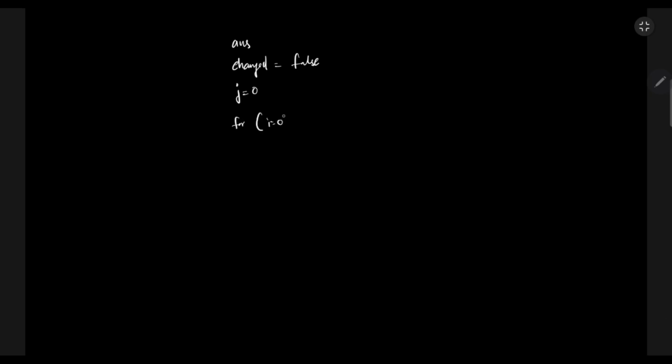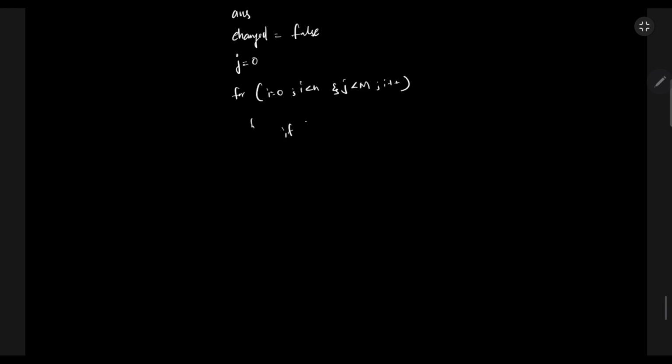We'll have I equal to 0, I less than n and j less than m, and I plus plus. Over here we have two cases: if word1 of I equal to word2 of j, then we'll take that one, that is, answer dot push back of I, and we'll do j plus plus over here.